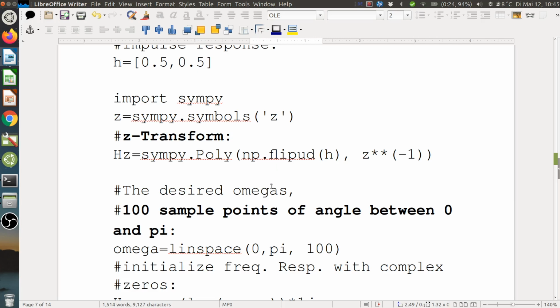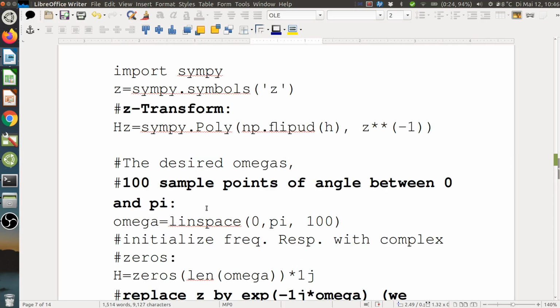Yeah, and then next we basically need to replace the z by e to the j omega, and this is what we do here. So in this case, we don't want to take the continuous frequency domain. We just sample the unit circle.